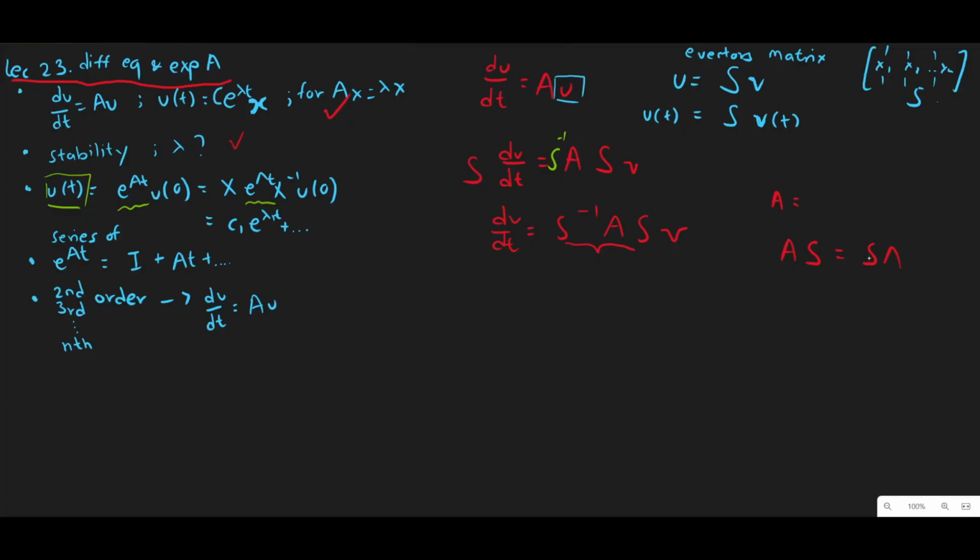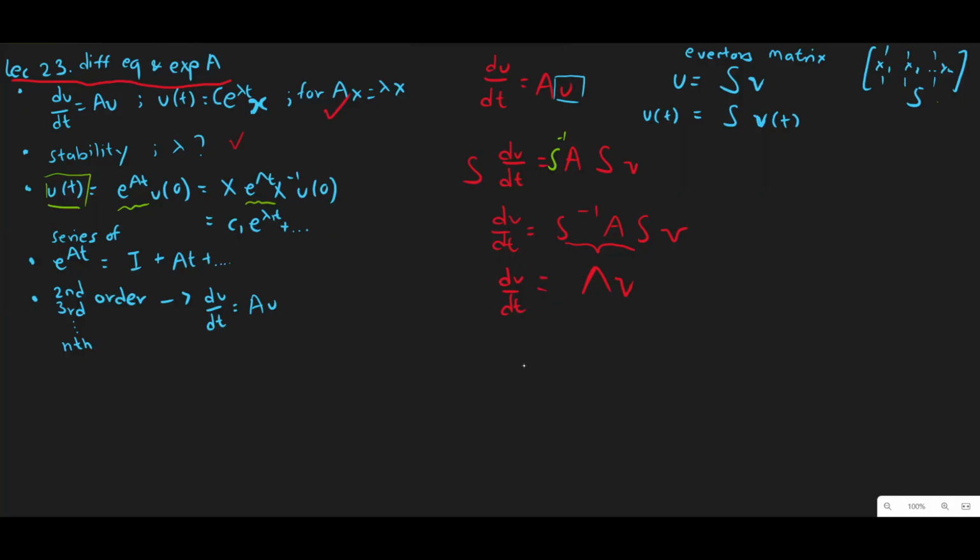So we move it to the left-hand side, and we have this. This is a big capital Lambda, a matrix with the eigenvalues on the diagonal, and we have v here, and dv divided by dt.